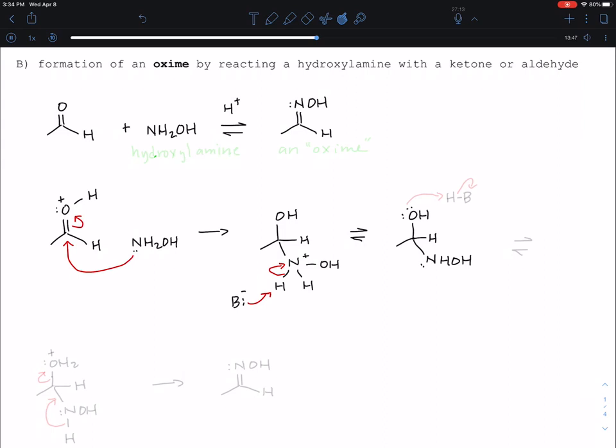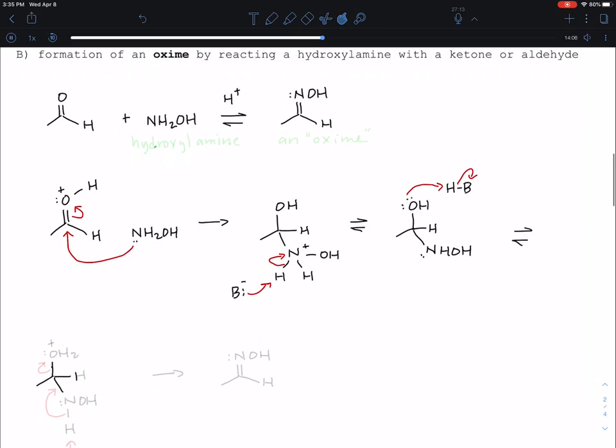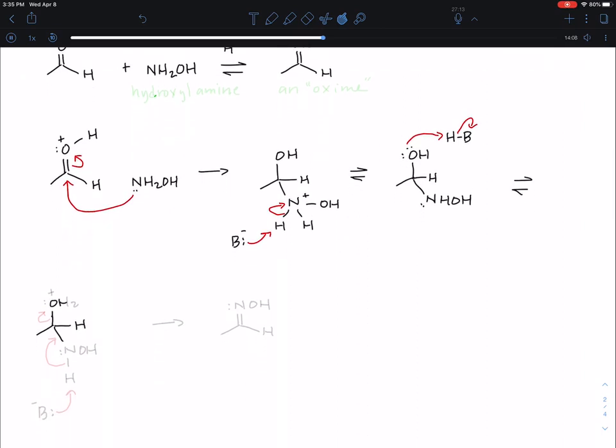Now in solution, I just generated my acid again, didn't I? So I'm going to protonate the hydroxyl group so I can make water as a leaving group. And I get this down here. And draw this a little bit more suggestively so that you guys can see.